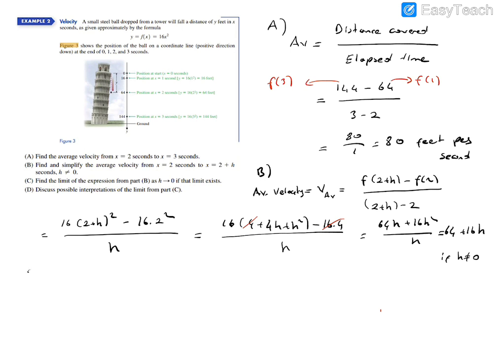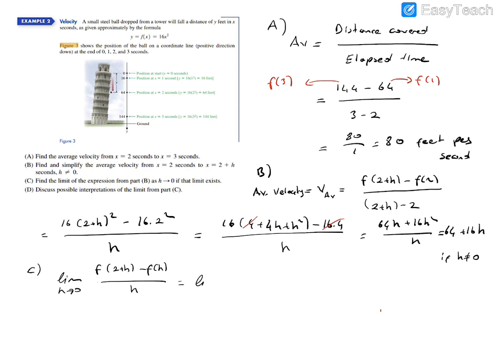Now let's look at part C. Find the limit of this expression from part B when h goes to 0, if the limit exists. So we should look at this limit. Limit as h goes to 0. Okay, first of all, let's write the quotient: f of 2 plus h minus f of 2 over h.